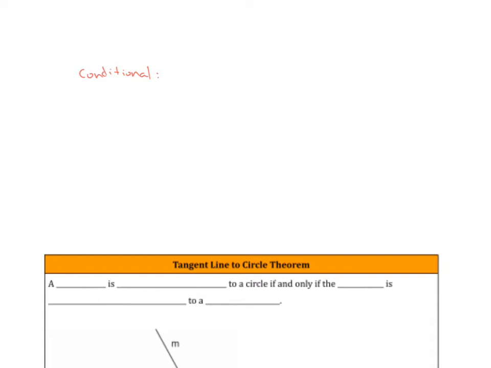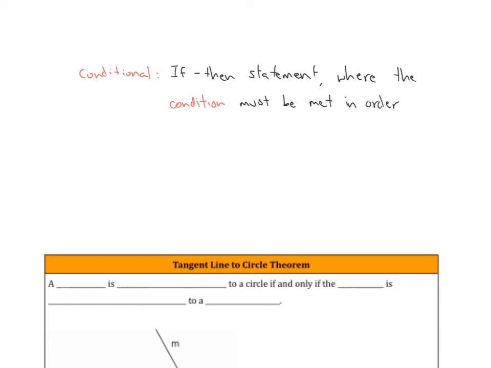Now, what a conditional is an if-then statement where the condition must be met in order for the conclusion to be true.